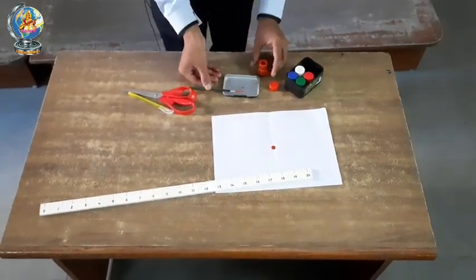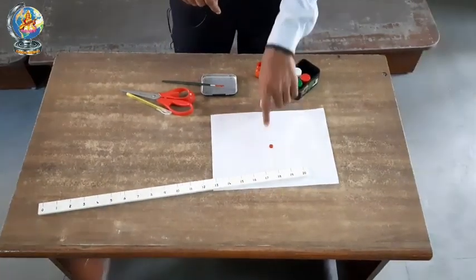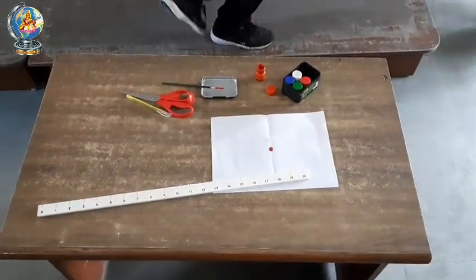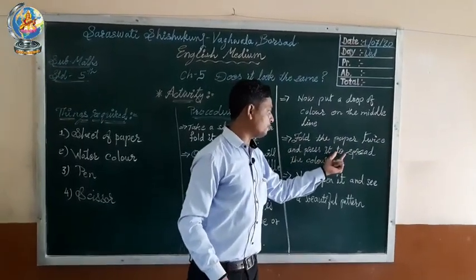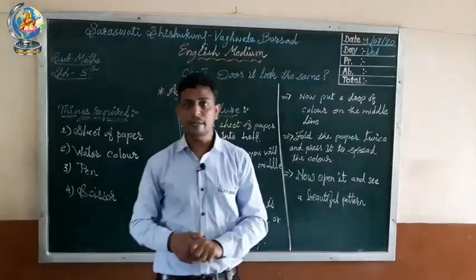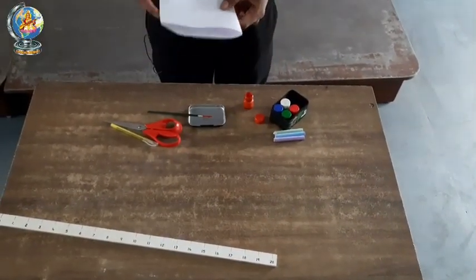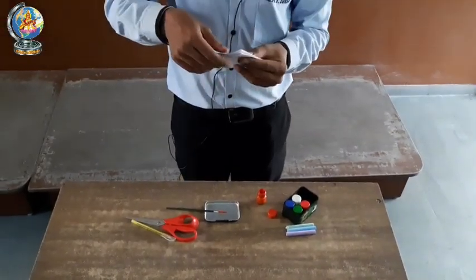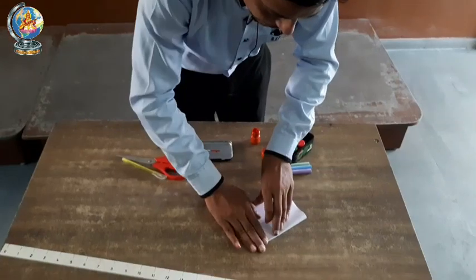Now you can see here I have put a drop of color on the sheet of paper. Now next point is fold the paper twice and press it to spread the color. Now we have to fold this paper and then we have to press it.